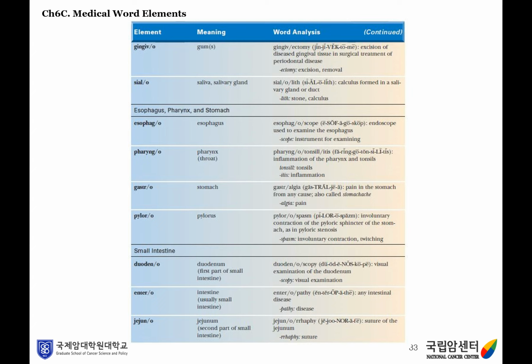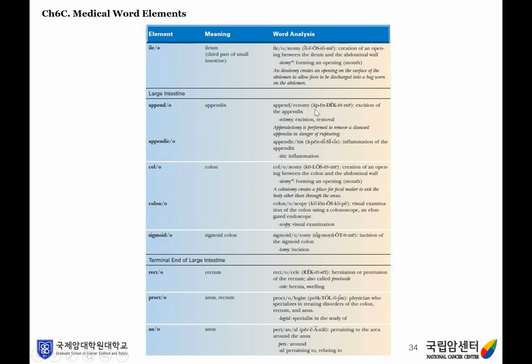And as for the terminology of the esophagus, pharynx, and stomach: esophag means esophagus, pharyng means pharynx, gastr means stomach, and pylor means pylorus. Also the small intestine: duoden means duodenum, and enter means intestine. So enteropathy means any intestinal disease.